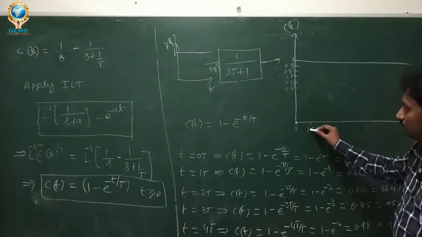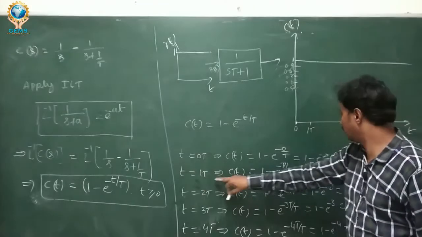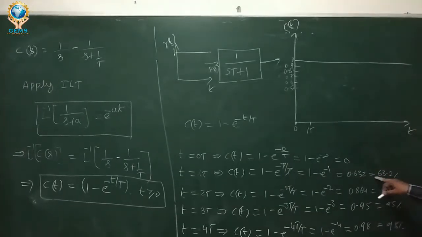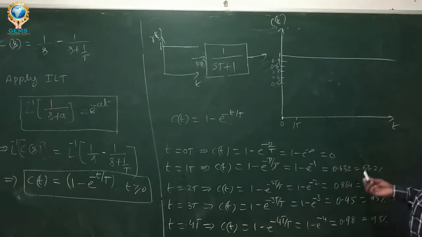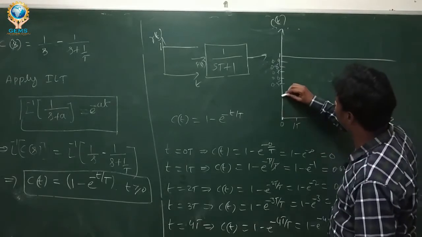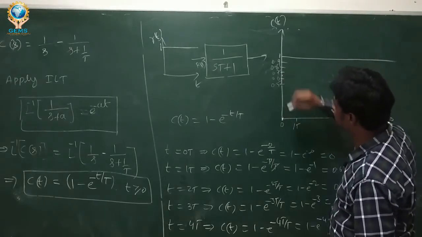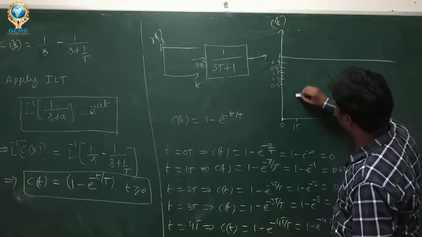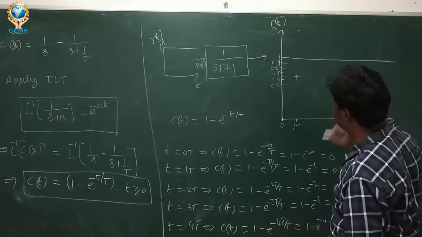When t is equal to 1T, you got 0.632. So where is 0.632? It is somewhere here, so you just take it.